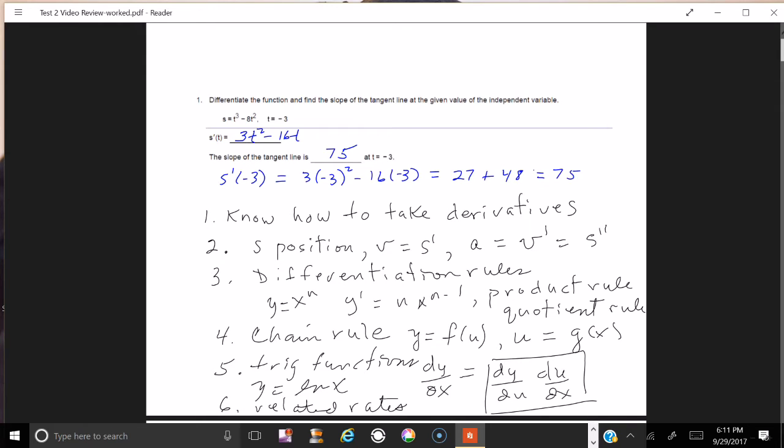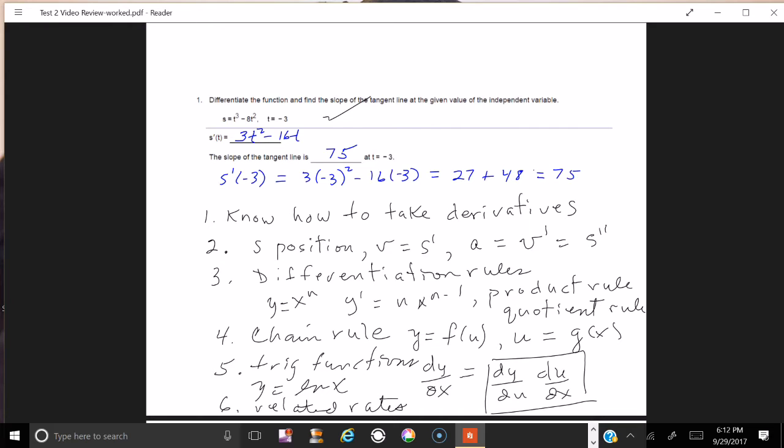So the first problem here is to find the derivative of the function t cubed minus 8t squared and calculate its derivative at the point t equals minus 3.